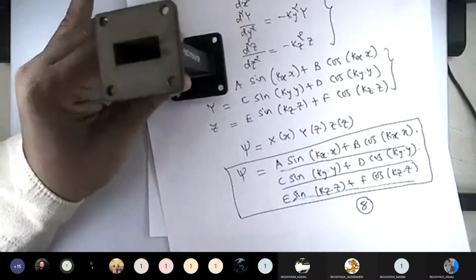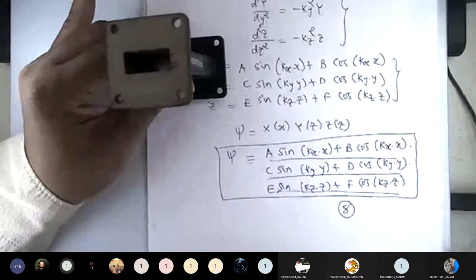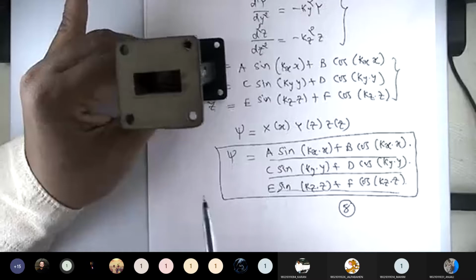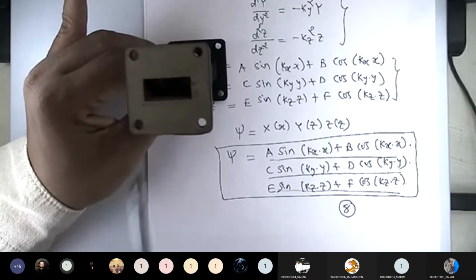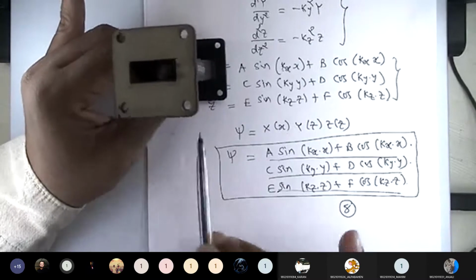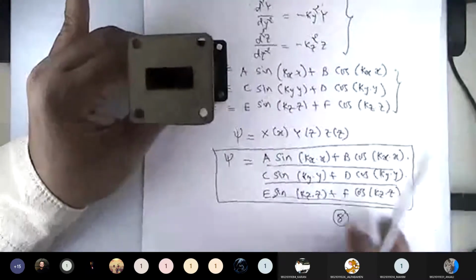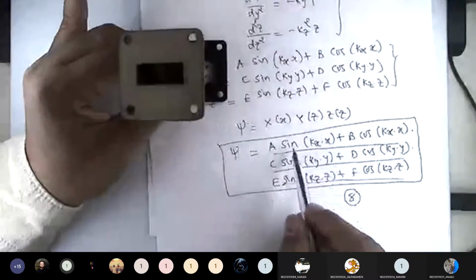So ultimately, now you have a general solution of the Helmholtz wave equations, which express the way in which the field resides in the x direction, y direction, and z direction, and all these fields are nothing but sinusoidal variations.